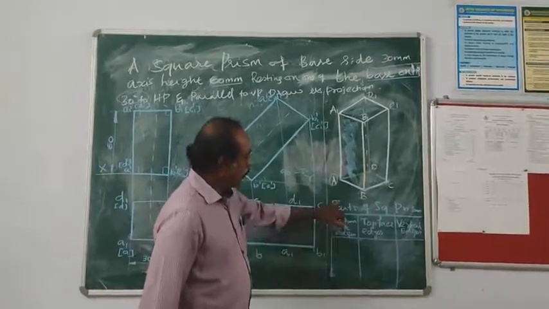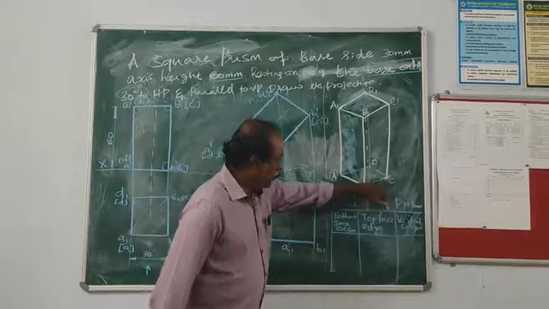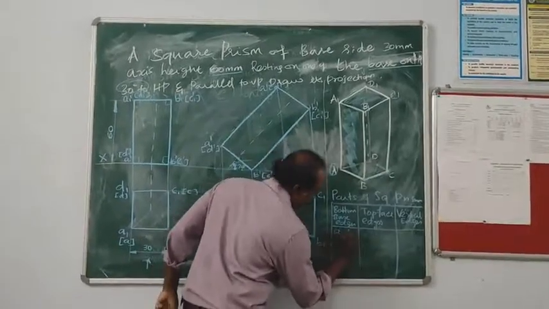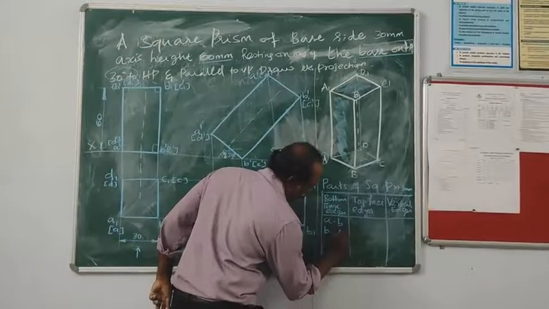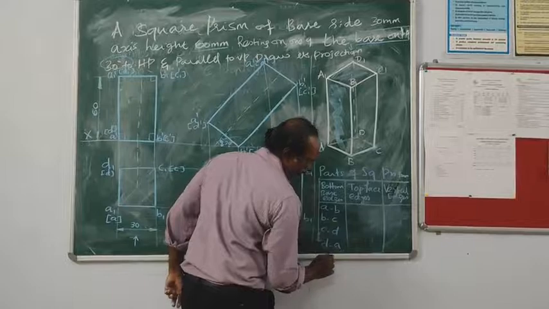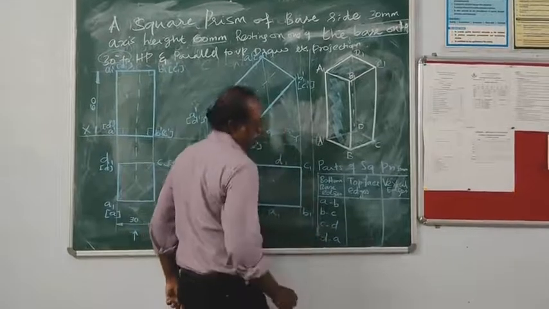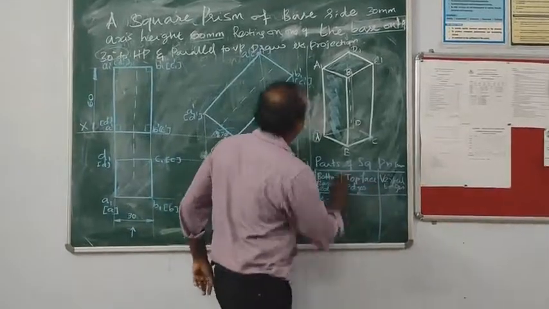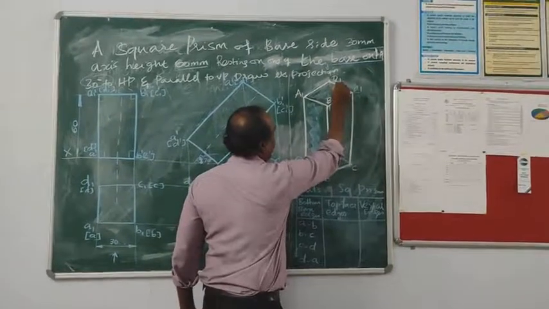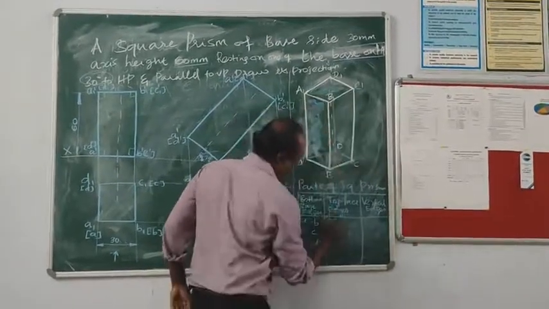Bottom base edges: A, B, B, C, C, D and D, A. These are the base edges. Top face edges: A1, B1, B1, C1, C1, D1, D1 and A1.